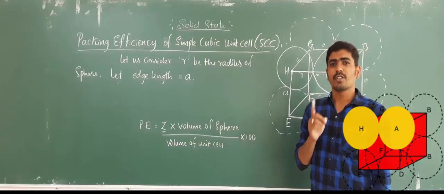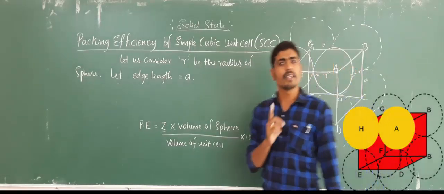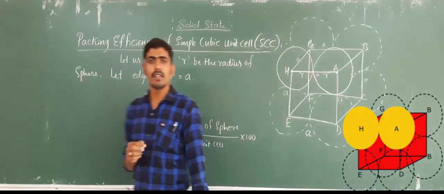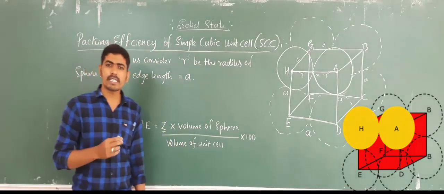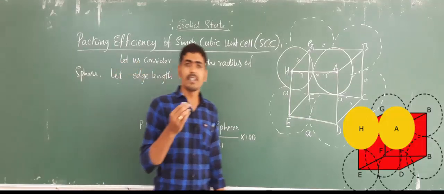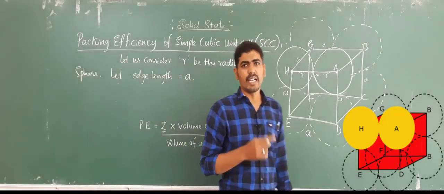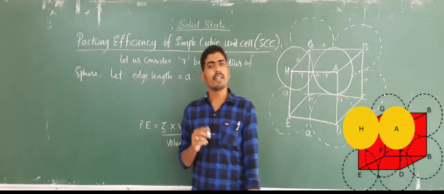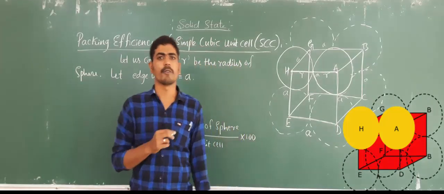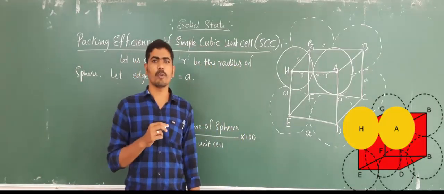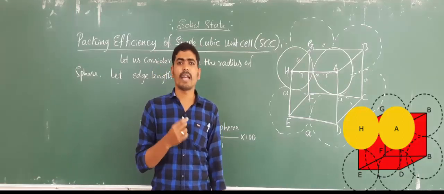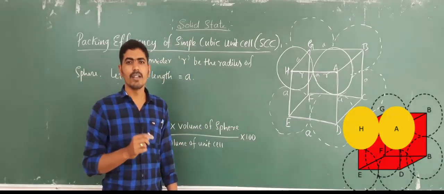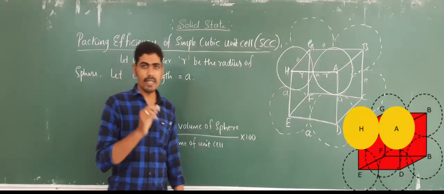So as you have already calculated the number of particles in face centered cubic unit cell, body centered cubic unit cell and simple cubic unit cell. In simple cubic unit cell, the number of particles is 1. And in face centered cubic unit cell, the number of particles is 4. And in body centered cubic unit cell, the number of particles will be 2.